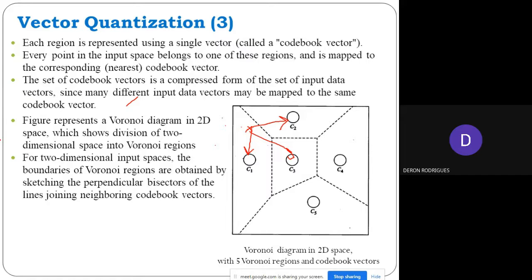Now, the figure represents, okay, this I have already told you. Now, how will you find these lines in the pattern space to separate it into Voronoi regions? Basically, you would be drawing lines between these points. So I have C1 and C2, then C1 and C3, then C3 and C4.